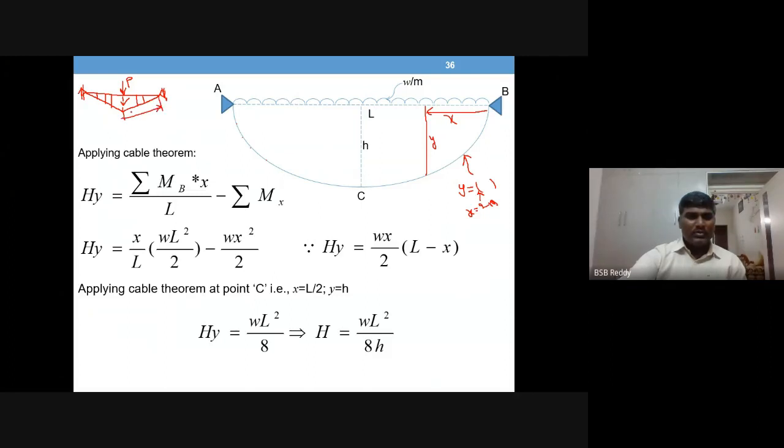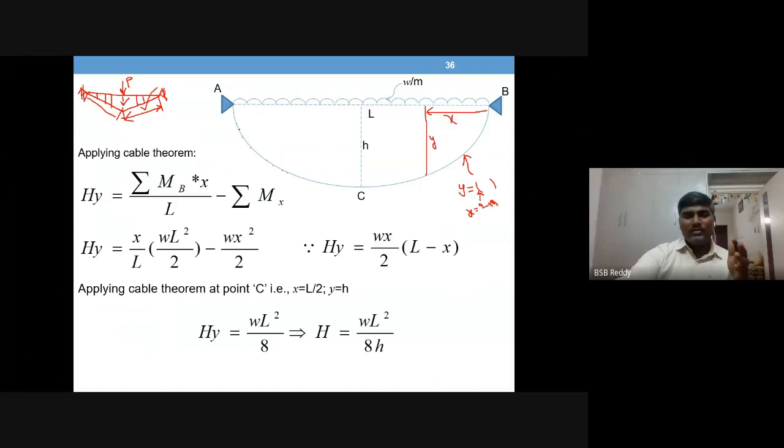So throughout the segment, the tensile force is constant. Similarly, throughout this segment, the tensile force is constant. Whereas here you see the tensile force is going to change at each and every point. So you have infinite values of tensile forces in this cable.